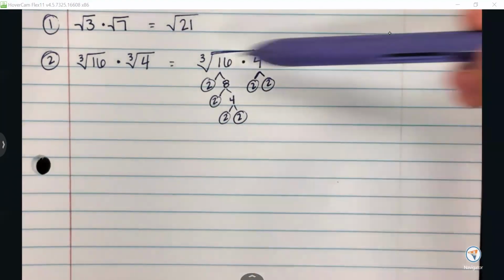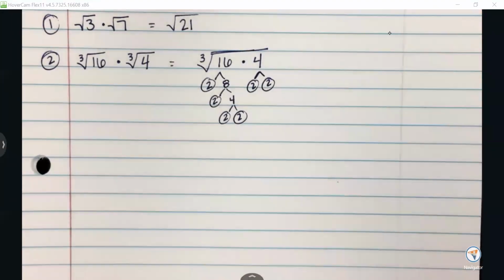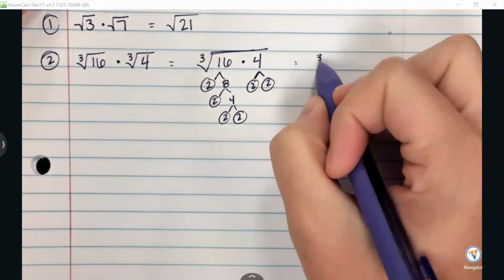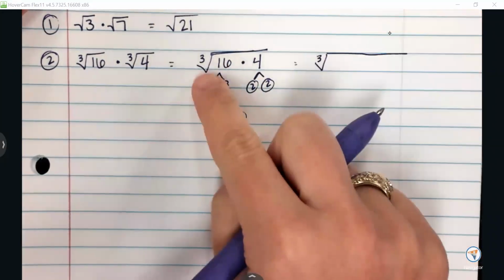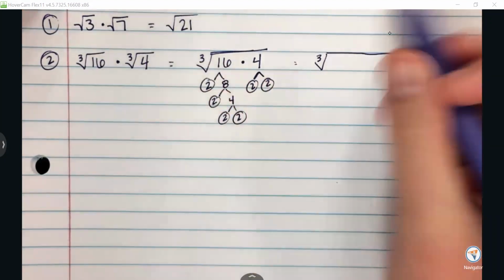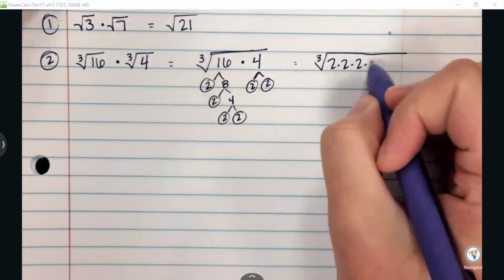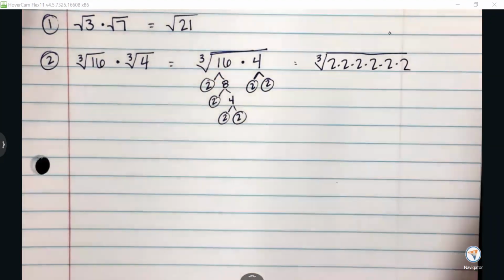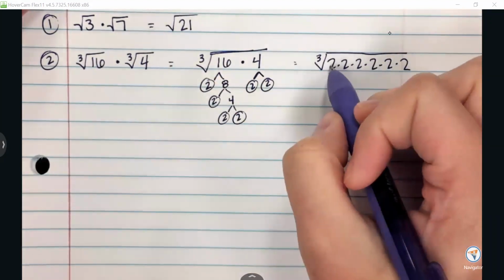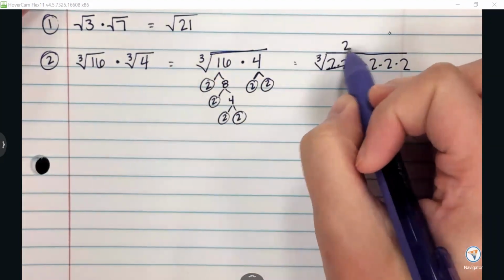So instead of actually multiplying them together and then breaking them down, I just start here and break them down, okay? So what I really have is the cube root of 1, 2, 3, 4, 5, 6 2's, which we have already done before. And I need the cube root, which means I need groups of 3.